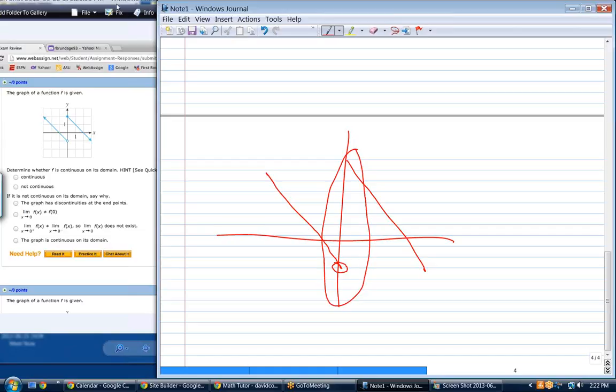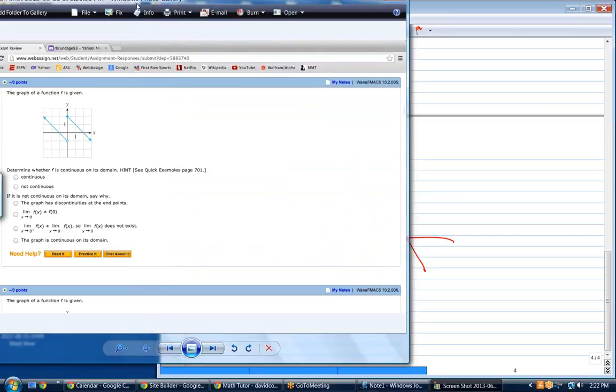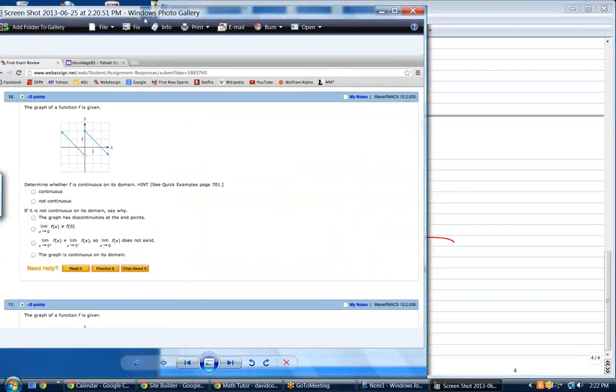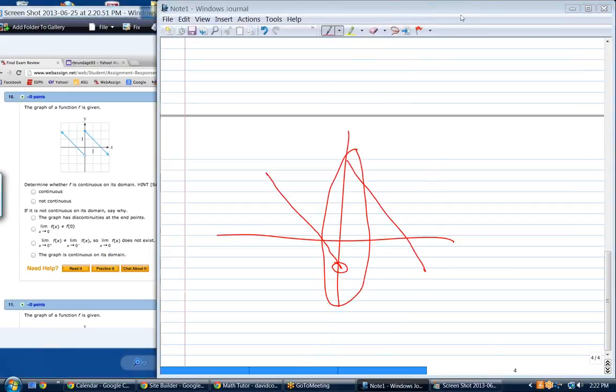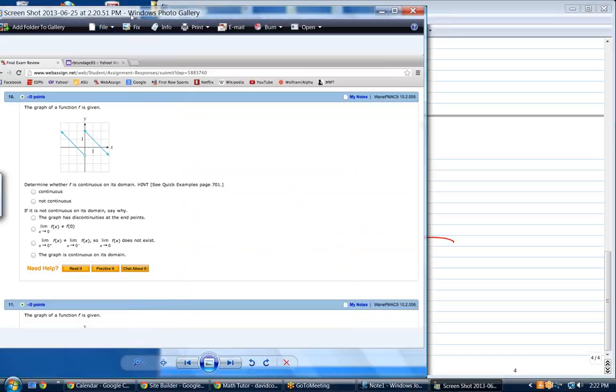Because there's a different limit from the left as from the right. Well, there's more to continuity than that. I'm sorry, I was asking for the answer below. Just one of the options. Oh, okay. So first of all, yeah, that's not continuous.